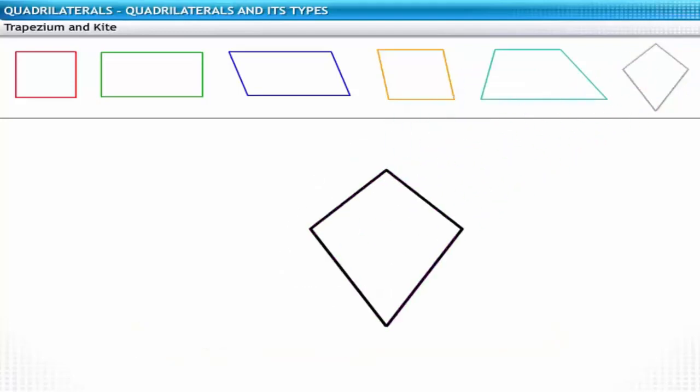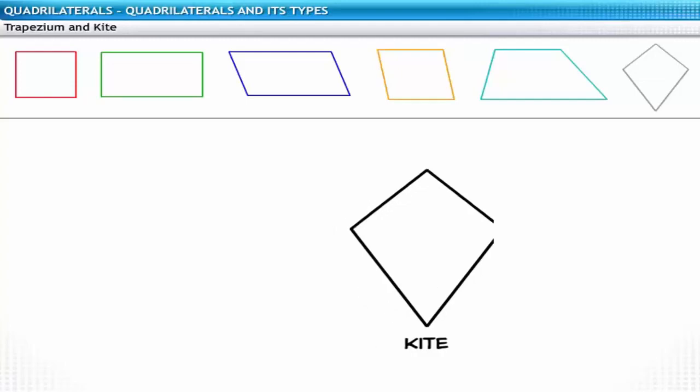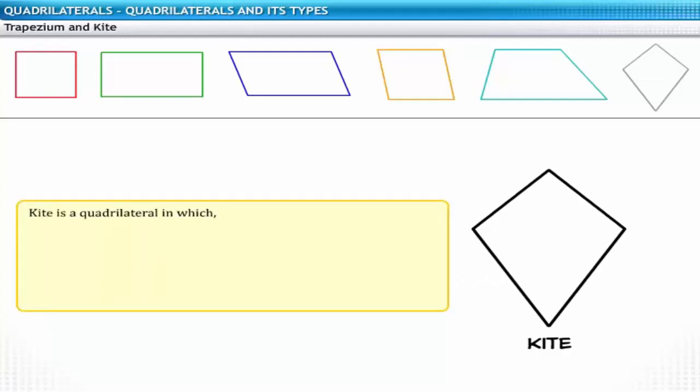Now, let's consider the last quadrilateral. Does this shape look familiar? Yes, it is similar to a kite you must have seen flying in the sky. This quadrilateral is called a kite. Let's learn more about a kite. A kite is a quadrilateral in which two pairs of adjacent sides are equal in length.